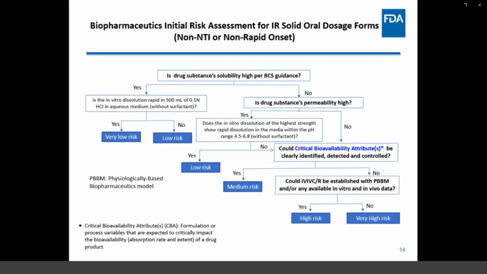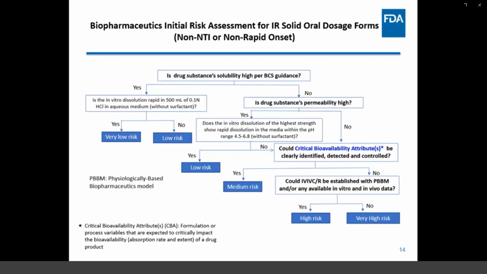If they're able to achieve rapid dissolution, then that would be characterized as very low risk, and we can implement the standardized dissolution test and have little concerns because the biopharmaceutics risk is considered very low. However, if they're not able to meet this rapid dissolution, it can still be considered a low risk as shown in the slide before, but we would just have to justify the acceptability of their method and acceptance criteria.